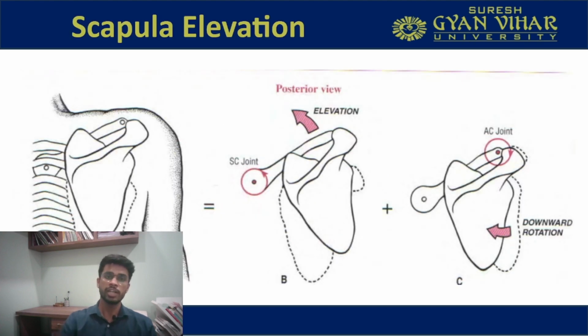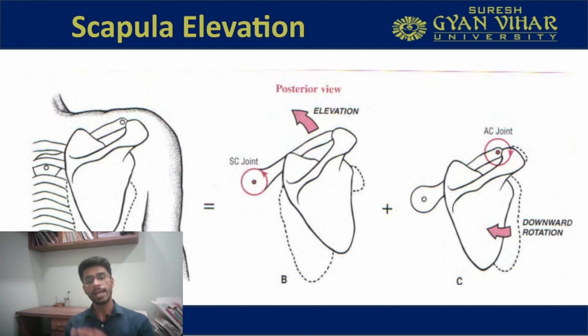So let's start today's lecture, but before starting the glenohumeral joint, I want you to understand this concept that the scapulothoracic joint, which is a false joint, is also present in the shoulder complex, and the movements at this false joint are actually decided by the two other joints of the shoulder complex, which are your sternoclavicular joint and acromioclavicular joint.